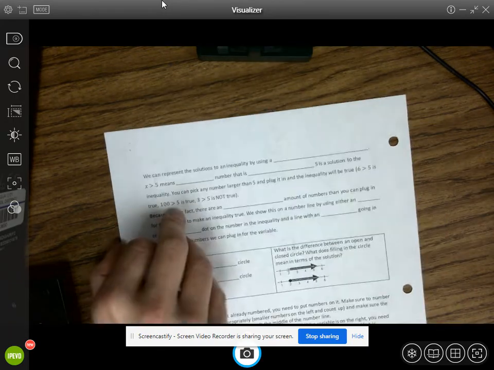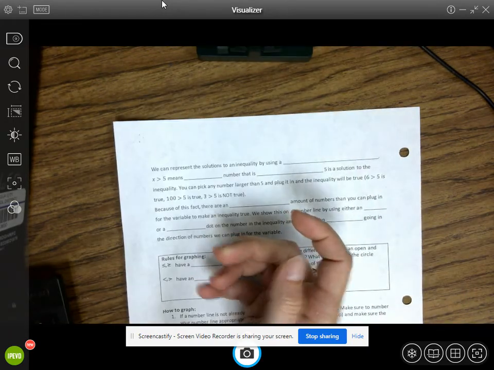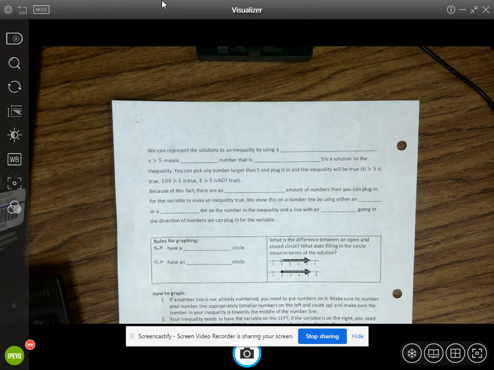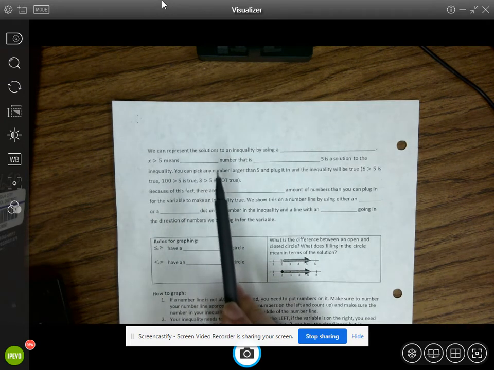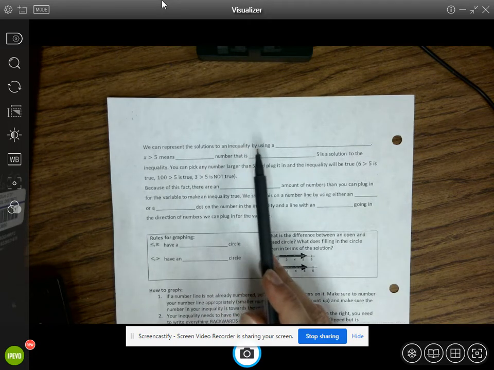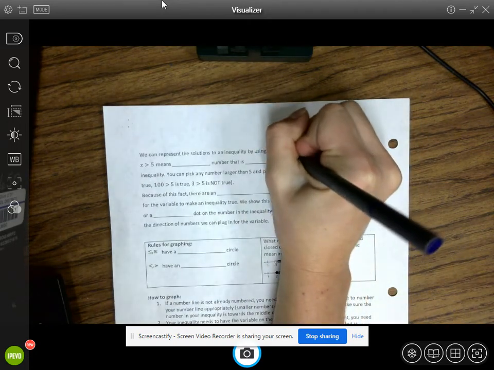Okay, so we're in the back of page 1, completing our notes. We can represent the solutions to an inequality by using a number line.